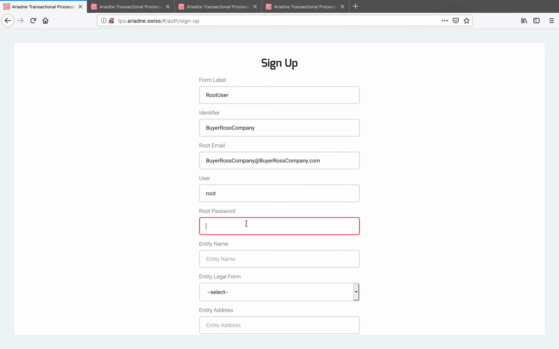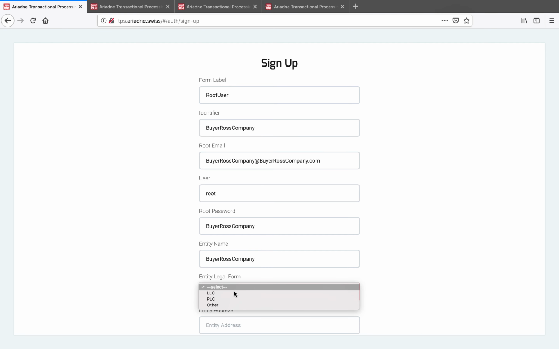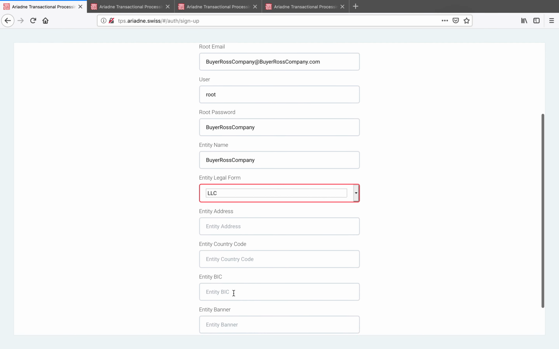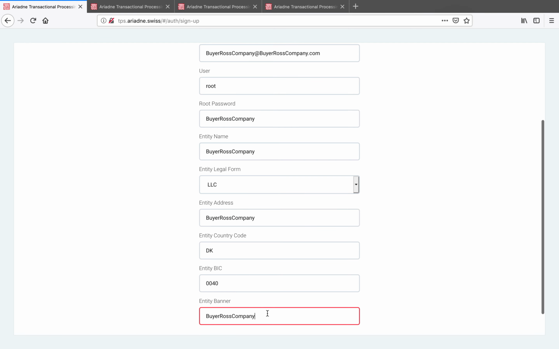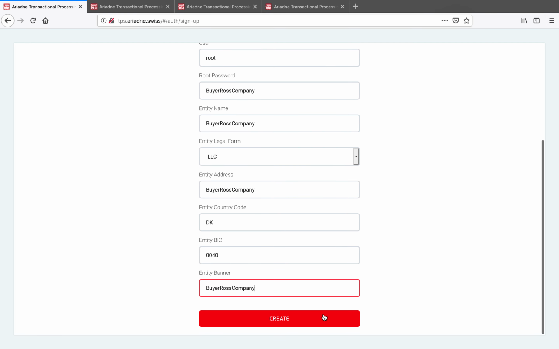These are the details of the entity required for signing up. The country code we use here is linked to the IBAN sandbox, which should create an IBAN account automatically after the entity sign up is completed.